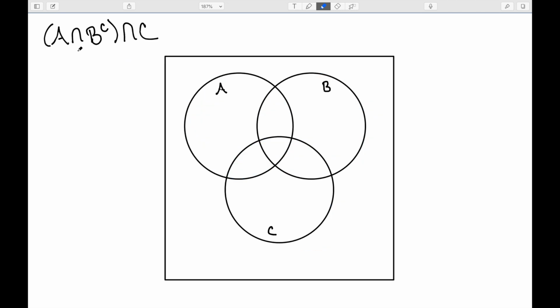Next, A intersect B complement, intersect C. Once again, let's start with parentheses. We want things that are shared between A and B complement.